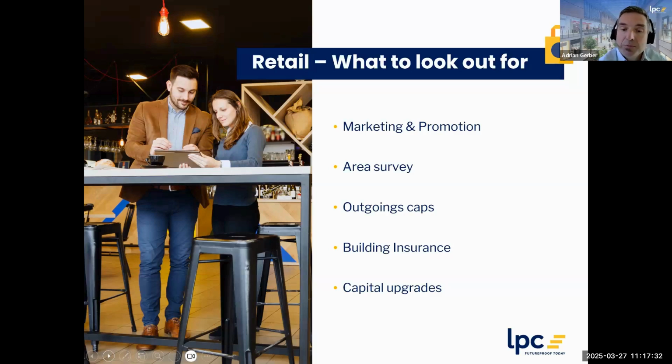Next, capital items. These are items, as I stated before, that are usually not part of outgoings. But sometimes you can get capital items where you've got some infrastructure that is at the end of its useful life and is the responsibility of a landlord.